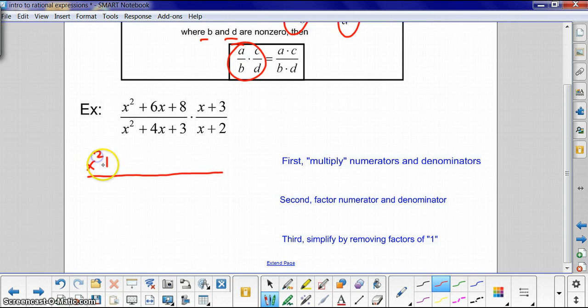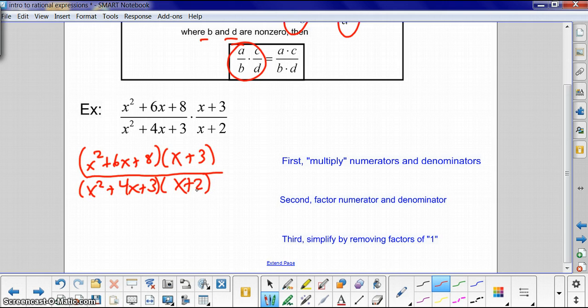So I'll have x squared plus 6x plus 8 times x plus 3 over x squared plus 4x plus 3 over x plus 2. And now that I've written it as one fraction, now it's a little bit easier for me to do my reducing. Now it's not required to put them over one fraction to reduce top and bottom, but it does make it a little bit easier to see.